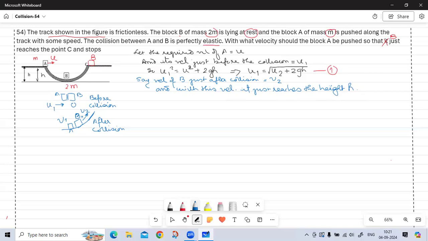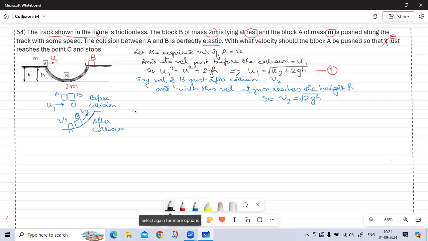That is given in the question. With this velocity, it just reaches the height h. In that case, once again from the kinematic equation, we know v2. I'm not doing that deduction because it's a very well-known formula to you by now. In that case, v2 is the square root of 2gh.